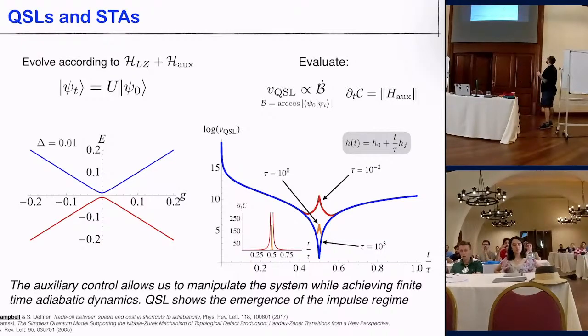What you'll see if you calculate these things, like the rate of change of this overlap, is that in certain regions all of these speeds collapse on top of each other. But once you get close to the avoided crossing, this is where you start seeing differences in the rate at which this fidelity is changing.